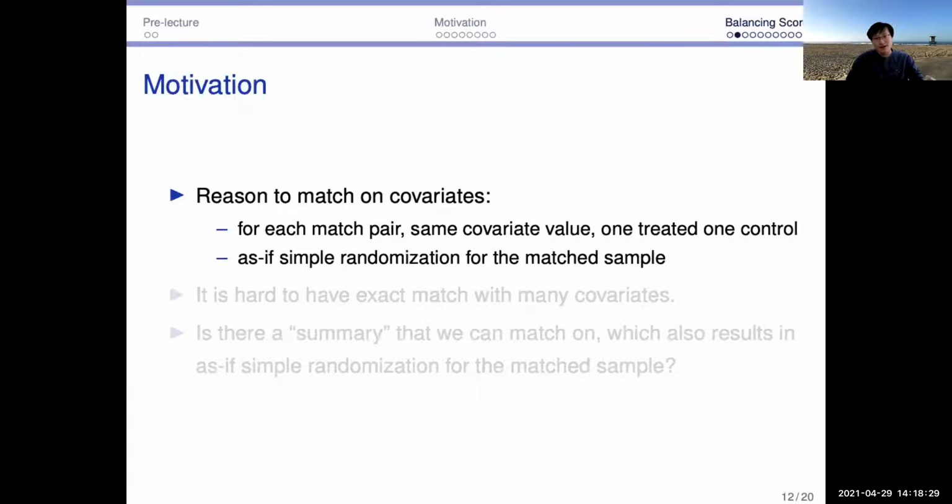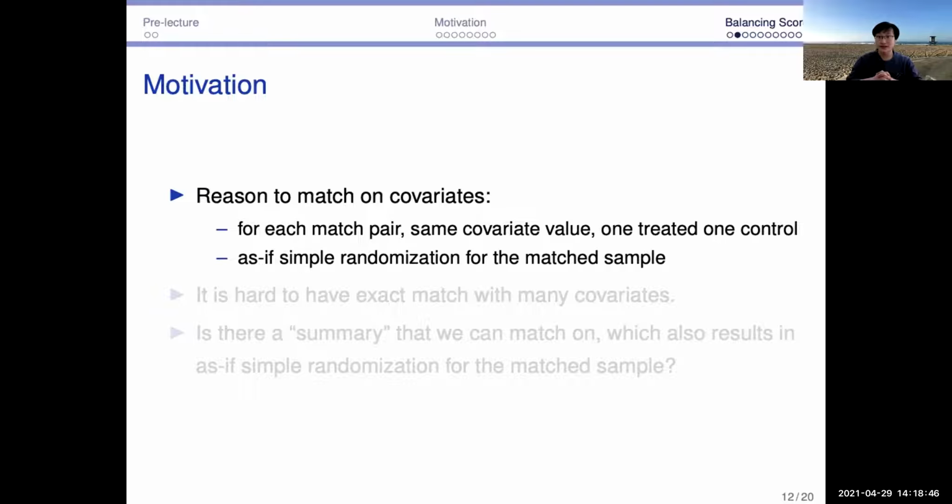As many of you have said, when you want to find matches, you want to look for similar covariates in the treatment group and the control group.